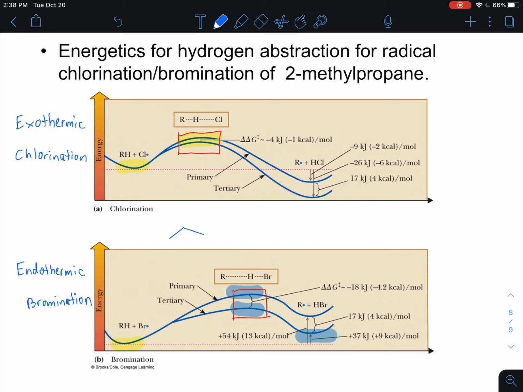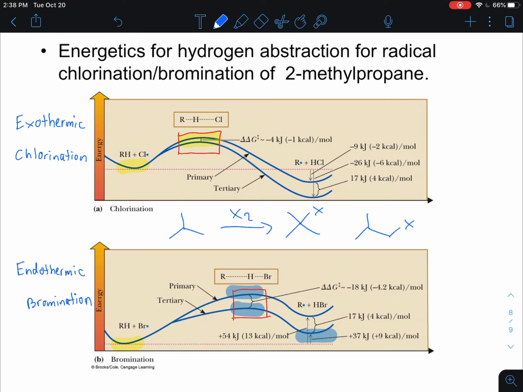So just to remind you, right, it's talking about a slightly different reaction than our original example, where we're thinking about 2-methylpropane and talking about which of these products is going to be favored more.